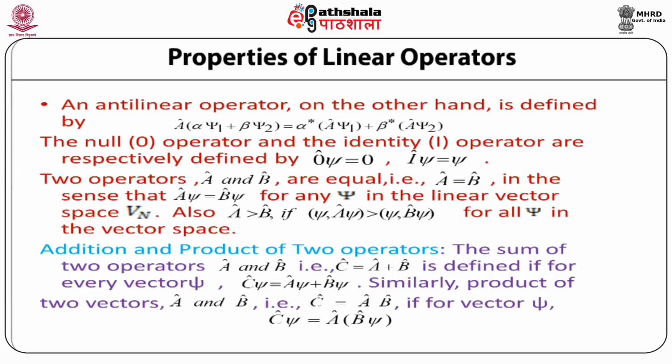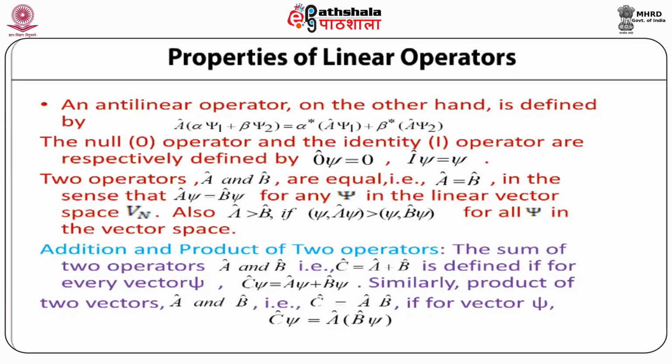Also, operator A is greater than operator B if the inner product of the vector psi and operator A acting on psi is greater than the inner product of the vector psi and operator B acting on psi for all psi in the vector space.